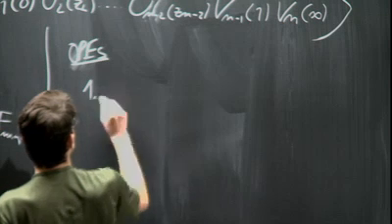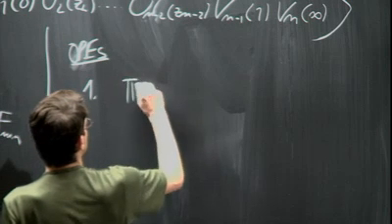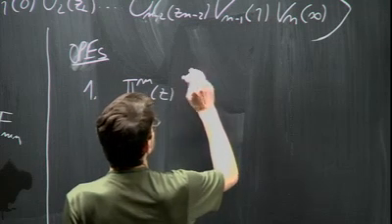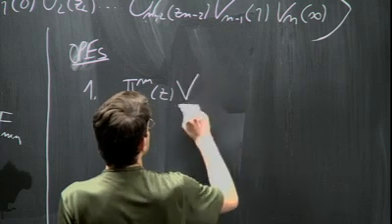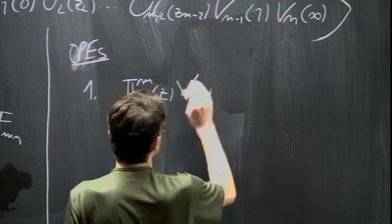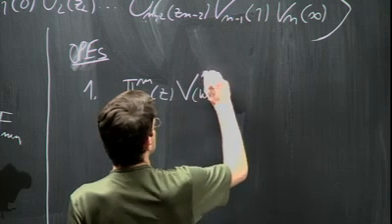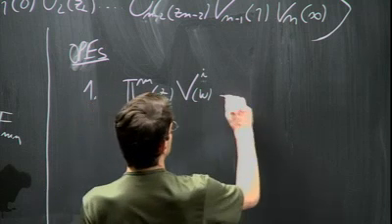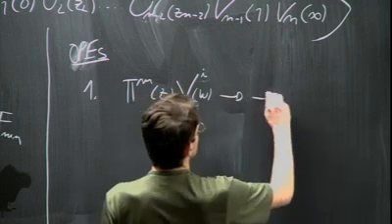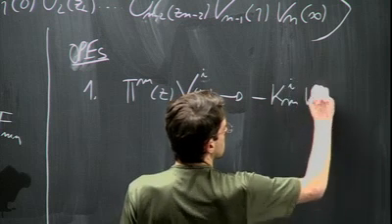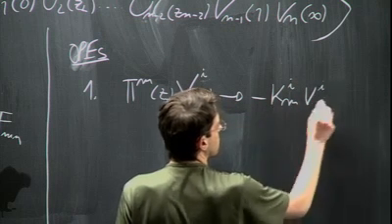The first one will be pi m of z with an arbitrary superfield, which I will write as V, with a label denoting the particle label I, that is momentum k_I, V_I.